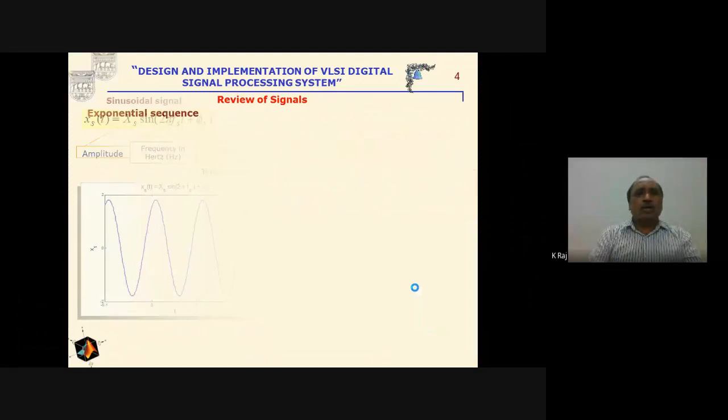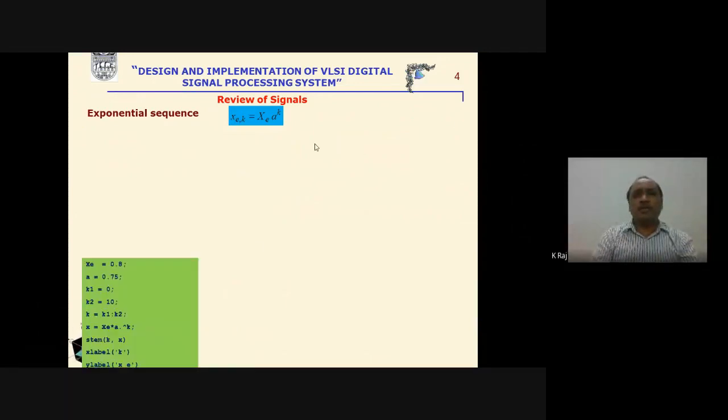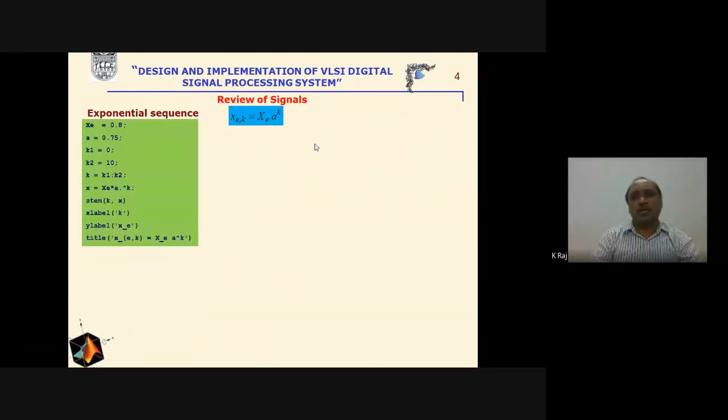Now, coming to some examples, say we are interested in representing an exponential sequence, represented as x_e = a to the power k. Then it can be represented with the help of MATLAB code, because we are focusing on how the different types of discrete time signals will be generated in order to test the performance of designed digital systems.